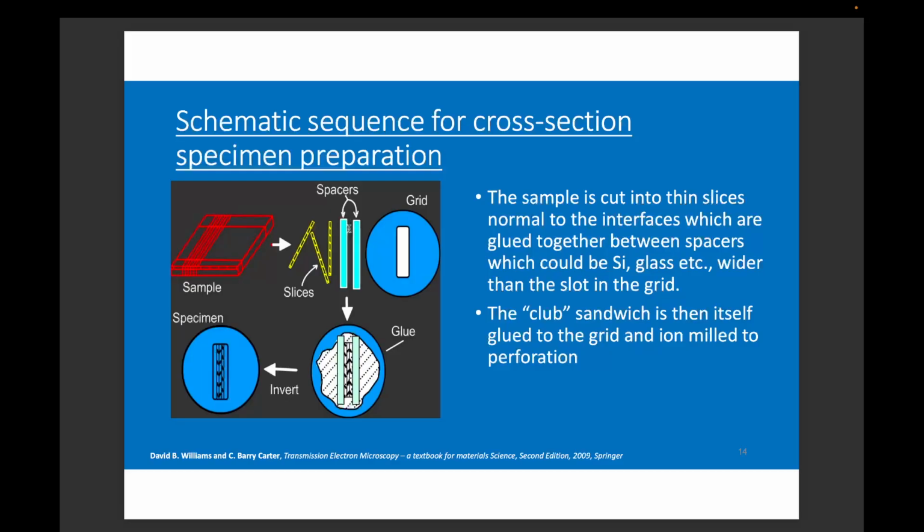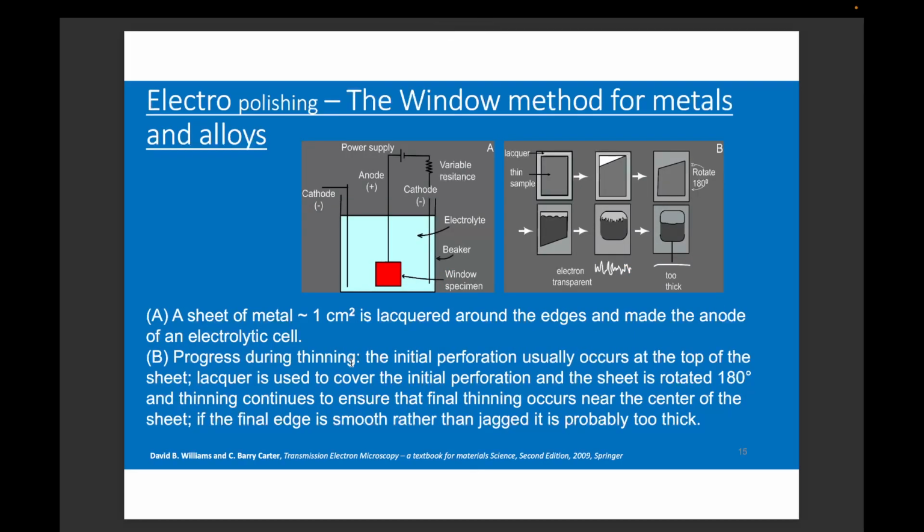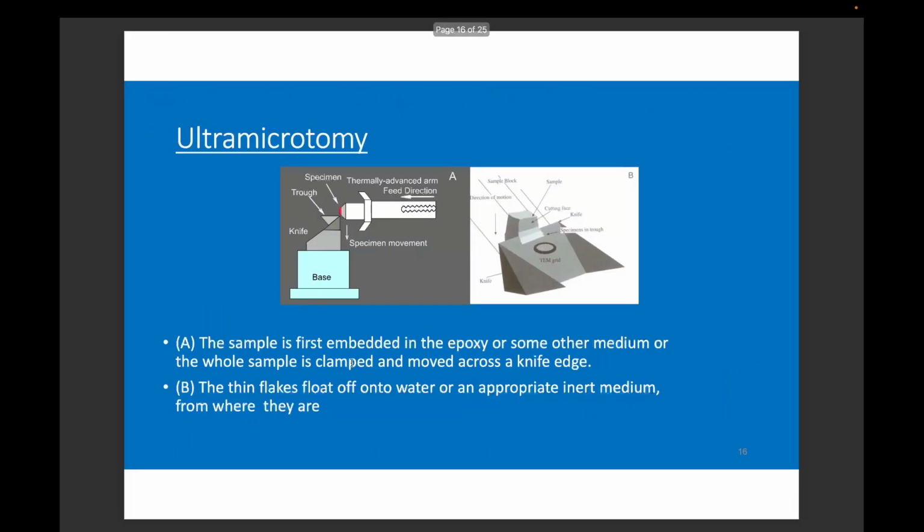So spacers are some silicon or glass spacer we put, and then we put all these slices together with the help of glue, and then we finally take out the 3 mm disc, and then the 3 mm disc subsequently goes to electropolishing or the dimpling for non-conducting material.